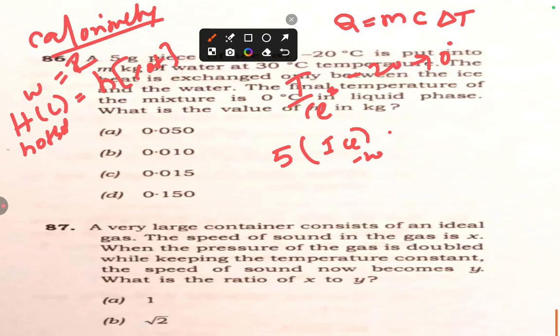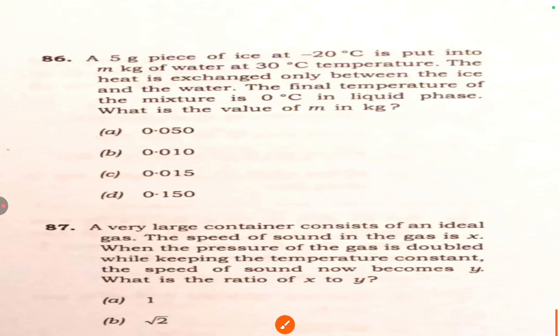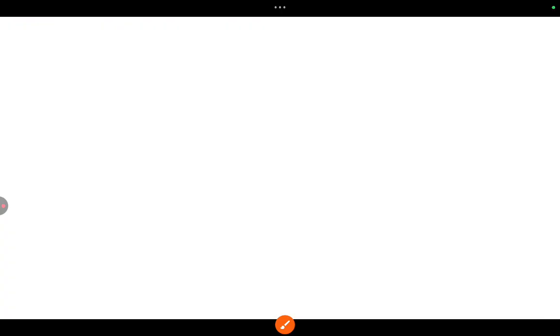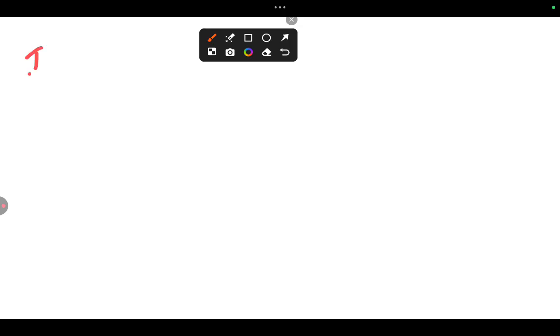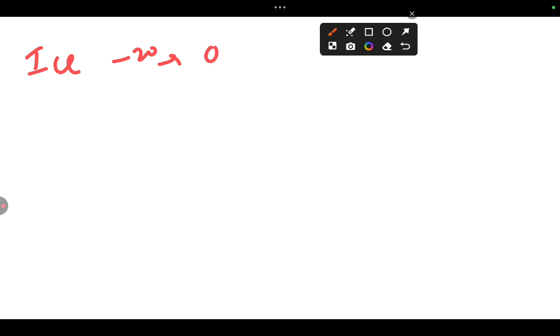If not, I can go through it. It is clearly mentioned that the ice goes from minus 20 degrees Celsius to 0 degrees Celsius.